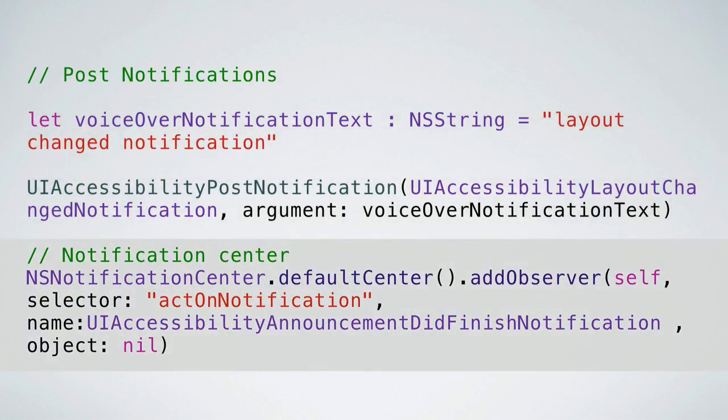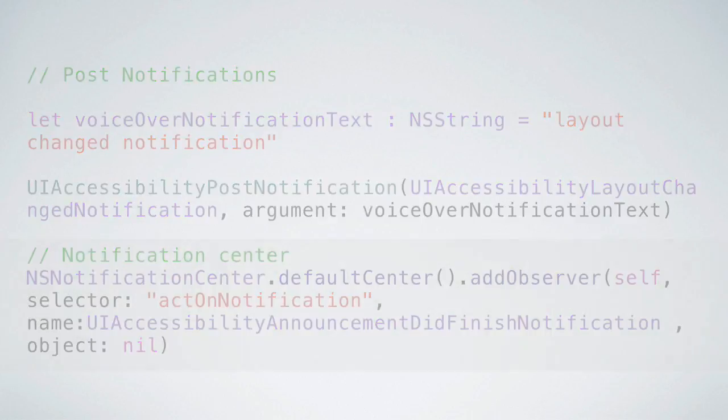And you can listen with the default notification center in case you want to do something when VoiceOver finishes speaking. These are just some examples, because there are a lot of notifications you can use.